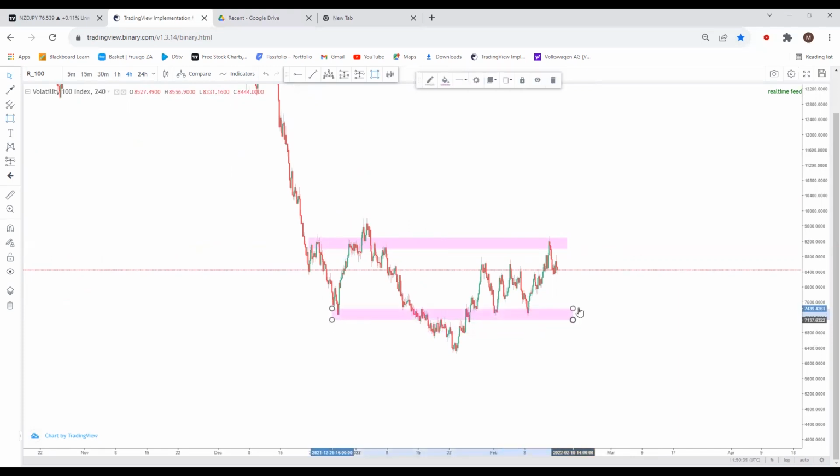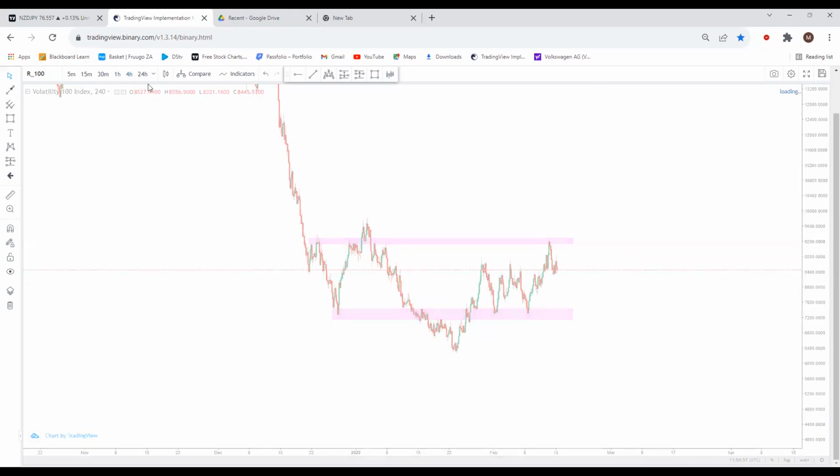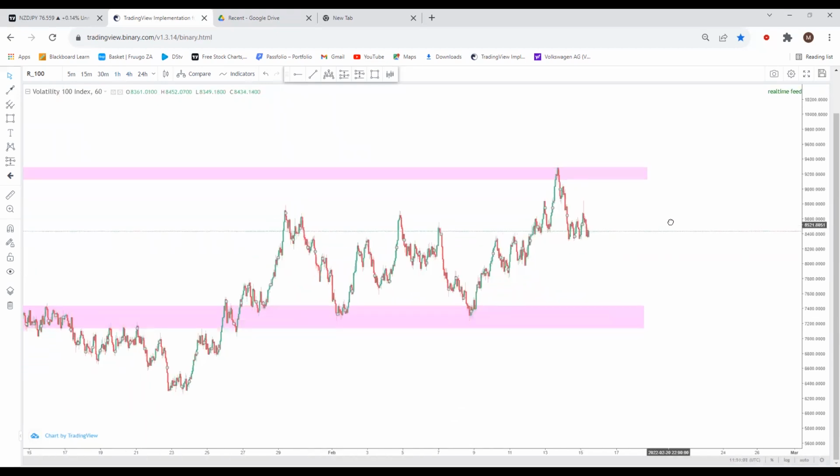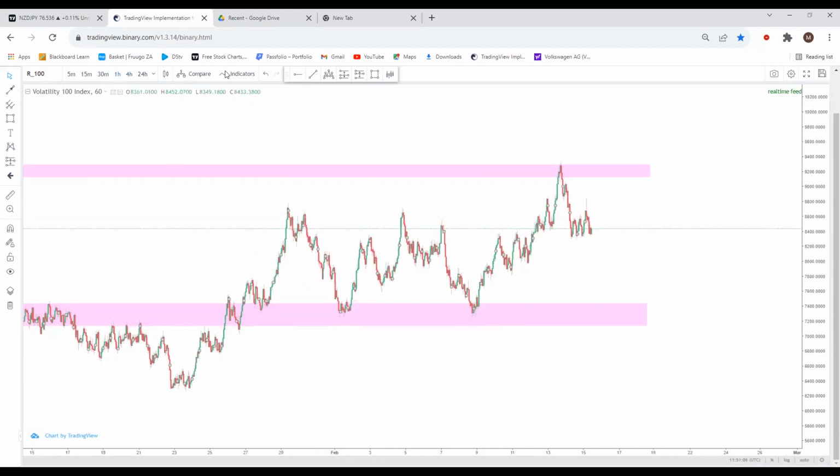We also have an inverted head and shoulders here, but this one is quite huge, so it might not play out, and we need to be quite careful with it. But trading within the correction itself is rather safe for quick entries, short-term trades.